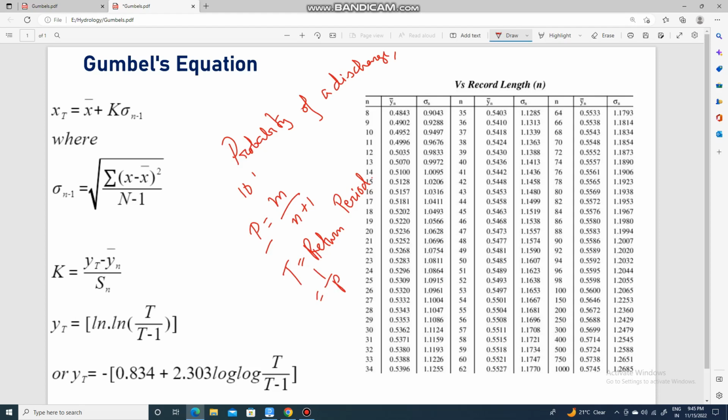But now if I want to do the reverse, that means I know the probability of a discharge, but I want to know the magnitude of the discharge, then what to do? In the previous classes, we have discussed that the magnitude is available, and we have to convert it into its probability or its return period.